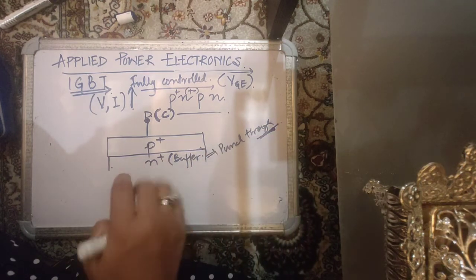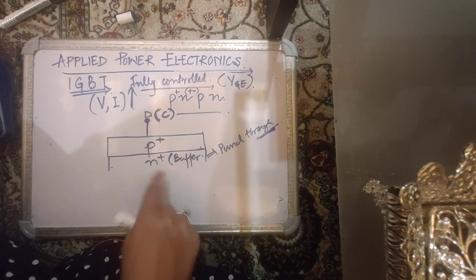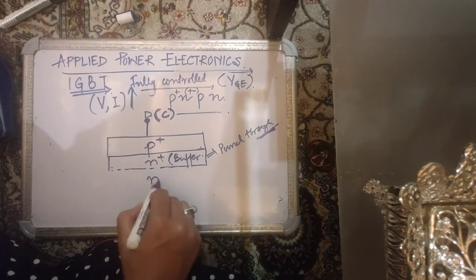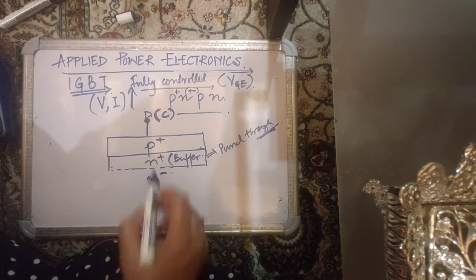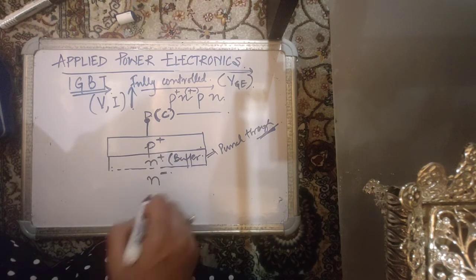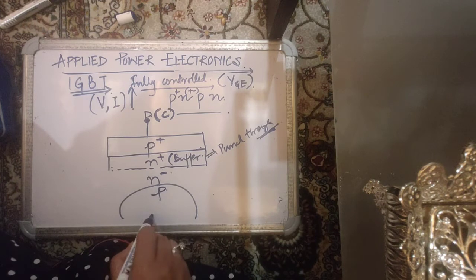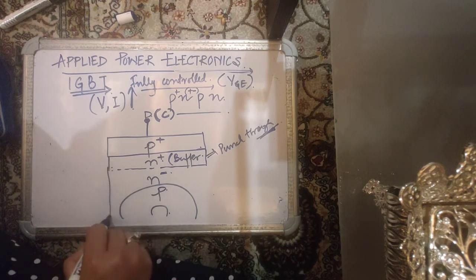It is generally advisable to have the N plus buffer region. And then you have an N minus region. So you have P, N, and then you have another P, a big P region, and then finally some N region again.